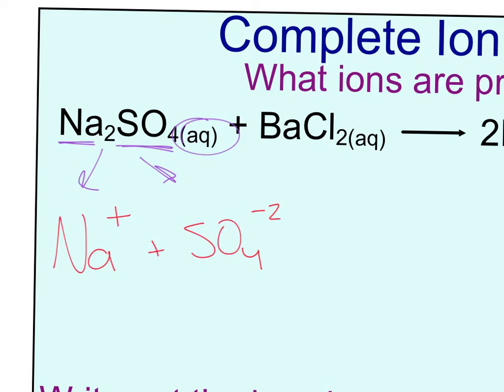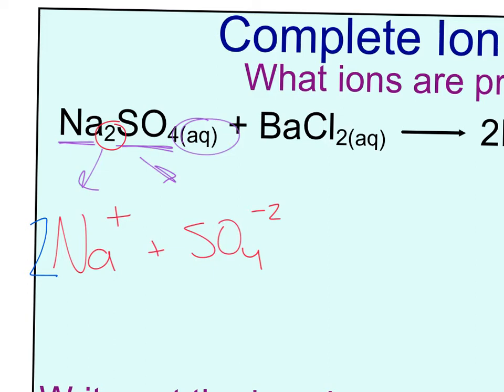Now you might have noticed that there are two sodiums in this compound. The reason for that is because sulfate has the -2 charge, sodium has the +1 charge, so there needs to be two of them. Now notice how I'm going to write this out. I'm going to put a 2 coefficient in front.